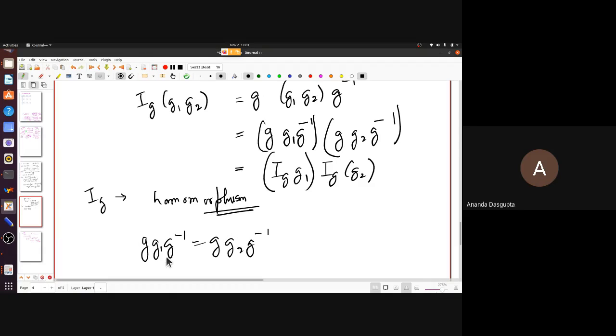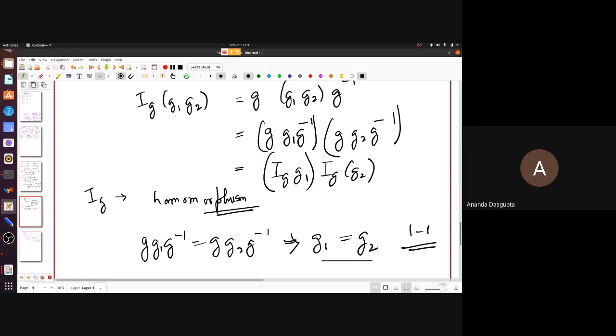How do you show it's one-to-one? Simple. If g g1 g inverse is g g2 g inverse, then it's easy to see, by applying g inverse from the left and g from the right, that this immediately leads to g1 equals g2. So it's one-to-one. It's equally easy to show that it's onto. Just for want of time, I'm not showing the whole thing, but this shows that Ig is an isomorphism.